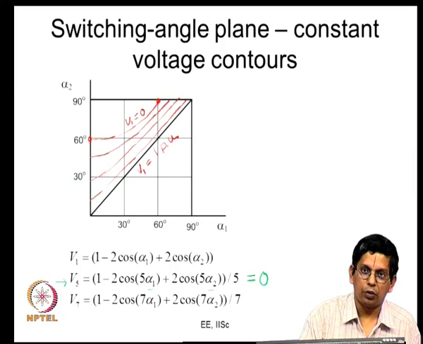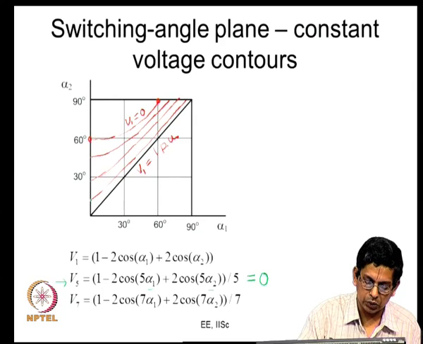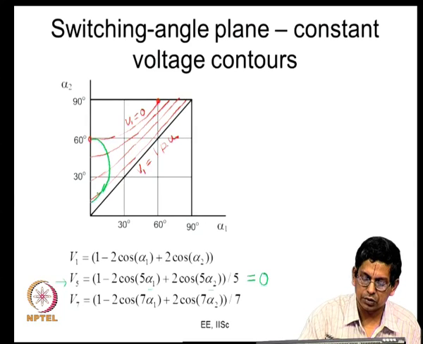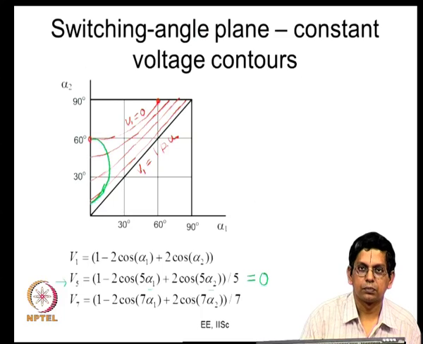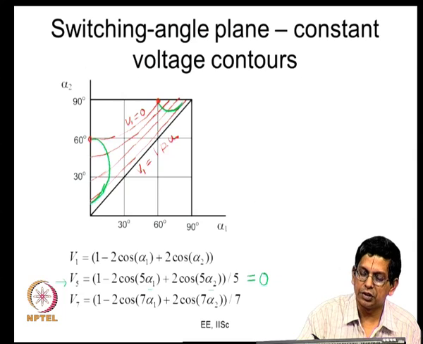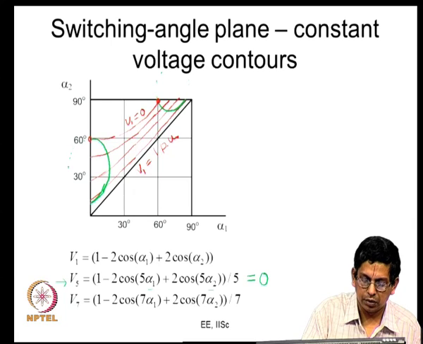We have also done this before, and in case you have not, it is a nice exercise for you to do. You would actually get a curve like this. This is not the only one, here also you will get a curve like this. Within this range, this is a part of a larger curve, and again this is also part of a larger curve.